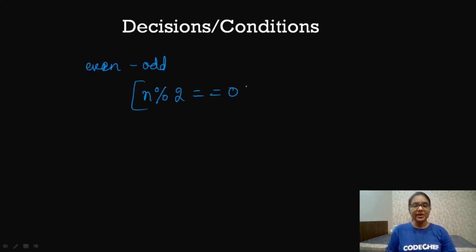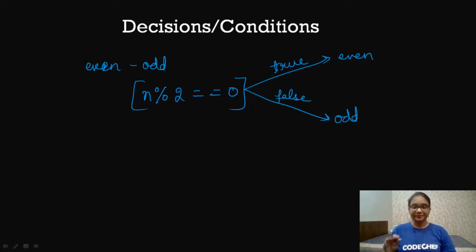This is the expression which will help us decide whether our number is even or odd. If this expression yields true, then we know that our number is even, and if it yields false, then the number is odd.